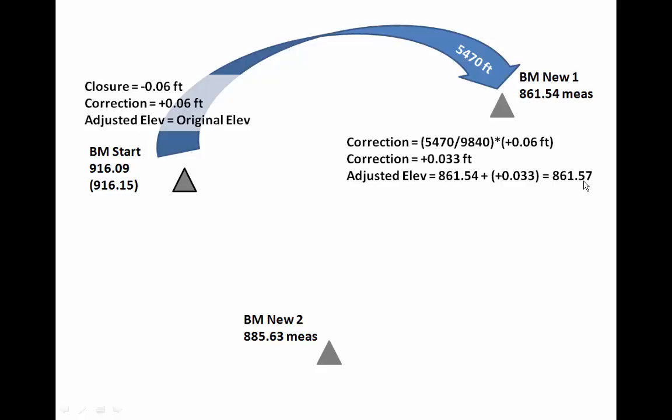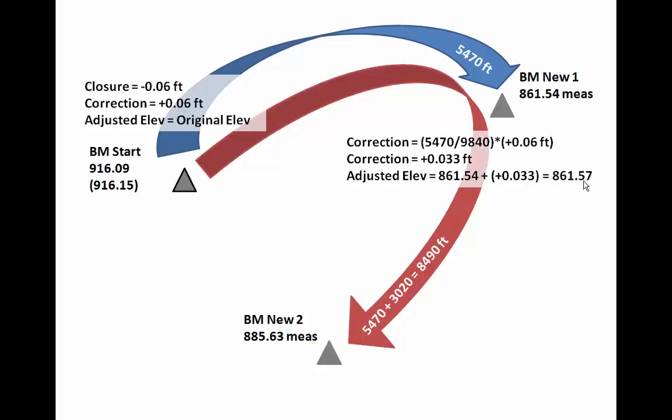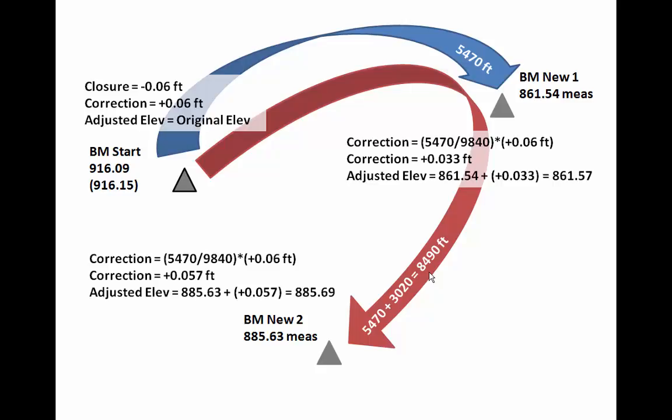Well, that's fairly straightforward for the first benchmark. The second benchmark is computed the same way, and the distance is the total distance from the starting bench to this second benchmark. So 5,470 got us to the first benchmark plus an additional 3,020 gives us a total of 8,490 feet to the second benchmark. Well, that 8,490 feet is a fraction of the total.